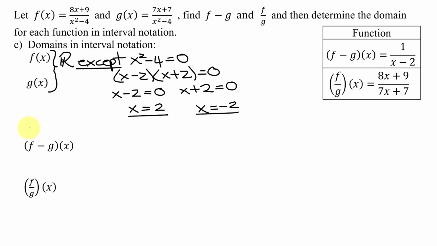The simplest way to write this in interval notation is to graph it quickly on the number line. And negative 2 is on the left of 2, so here's my negative 2. Here's my positive 2. I need everything to the left of negative 2, everything between negative 2 and positive 2, everything to the right of positive 2.